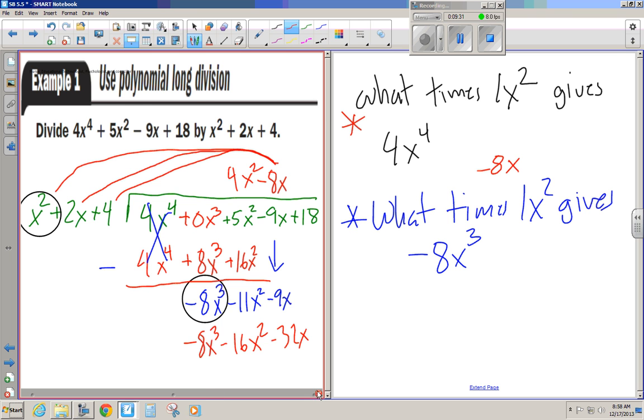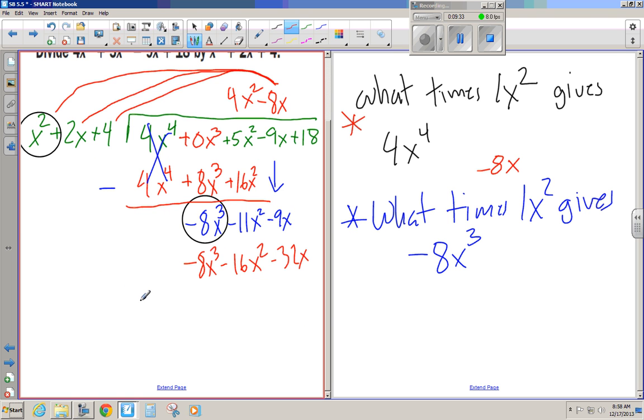And when you subtract, of course, this cancels. Negative 11 minus negative 16 becomes 5x squared. Negative 9 minus negative 32 becomes plus 23x. And of course, please bring down the 18.